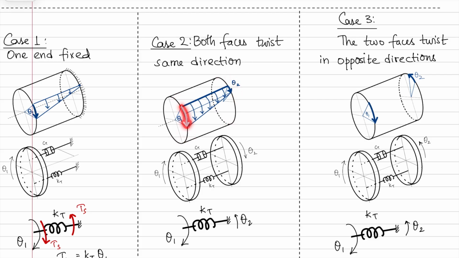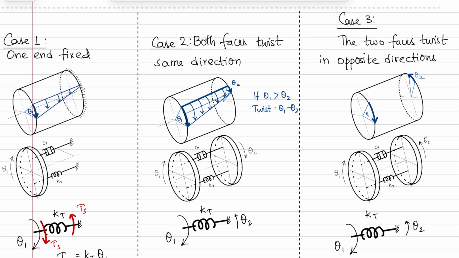Even though this is rotating by θ1 and this is rotating by θ2, this much is the rotation of the entire shaft. It's not really the twist. The twist, though, is going to be θ1 minus θ2. So if θ1 is greater than θ2, the twist is equal to θ1 minus θ2, which is essentially this much. Okay, take a moment to understand that this part of the shaft is just rotating, and then this here is a twist that the shaft is experiencing.